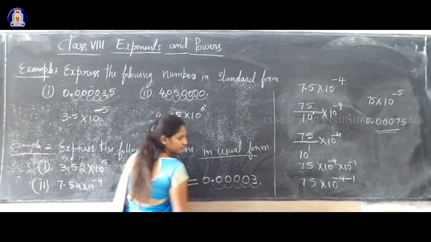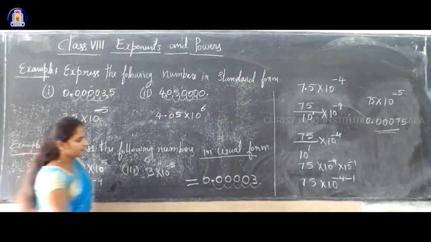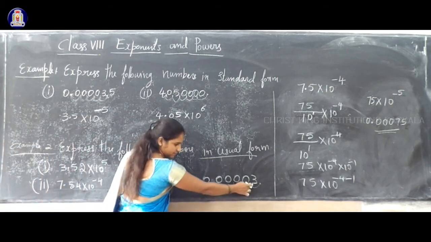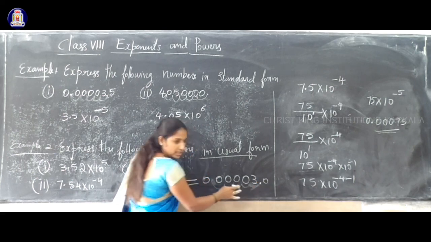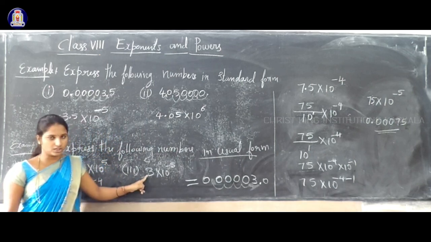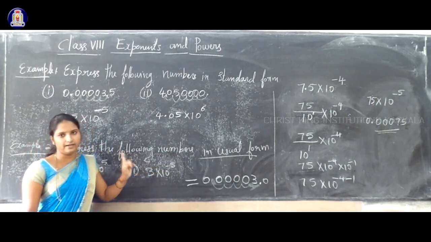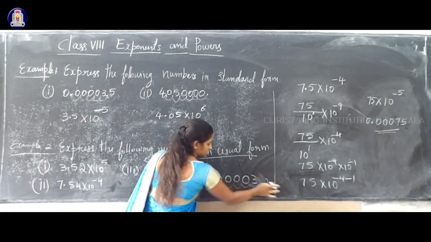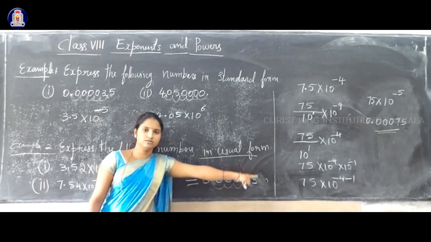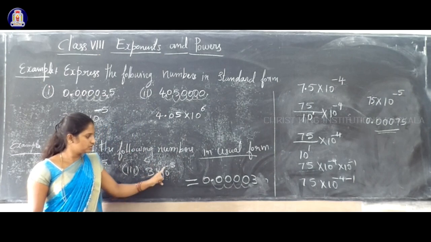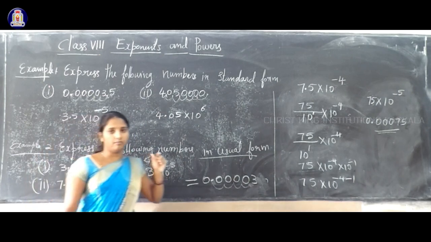So the decimal point will be here. That means we get 3, the decimal point is after 3, so 3.0. So that means the value is 3. Clear? That is given in the question. 3 into 10 power minus 5 can be written as 0.00003. Clear? So this is the usual form of the given number.